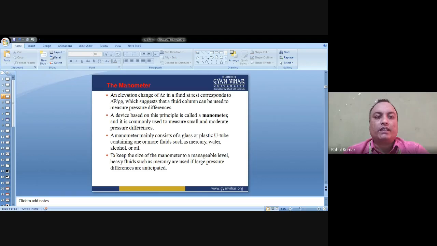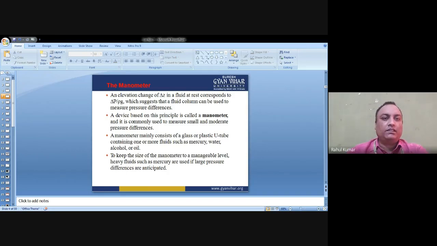And gauge pressure is a measurement of pressure with the ambient air pressure or atmospheric pressure as a reference point. This means that the gauge pressure can be both negative and positive, but absolute pressure is always positive.